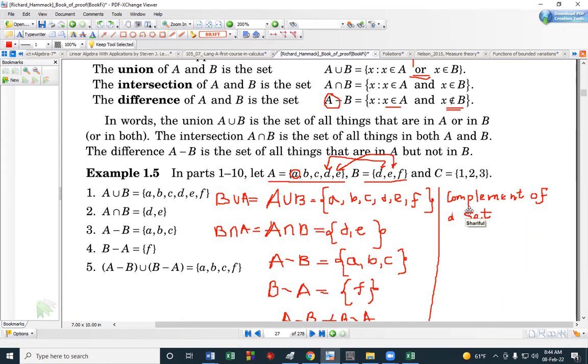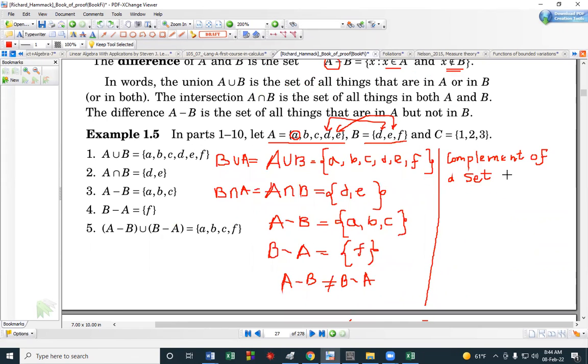There are several different notations to denote that. For a set A, some people would like to denote it by A bar, or some others will prefer to write A complement. Maybe some other people will prefer to write A hat. We'll prefer this one, A complement.